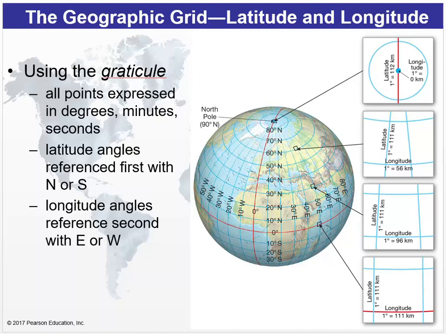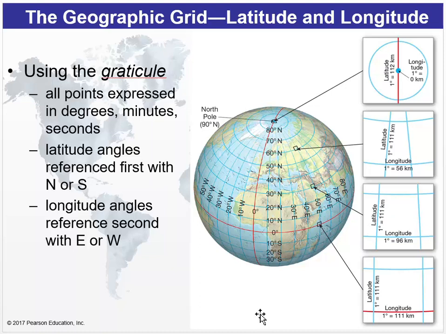One way that I like to remember the difference is that lines of latitude, you can think of it as being flatitude, which means that those are the ones that are going to go around the world this way, so horizontal. Longitude, or being long, are the ones that are going to be moving around the world vertically.